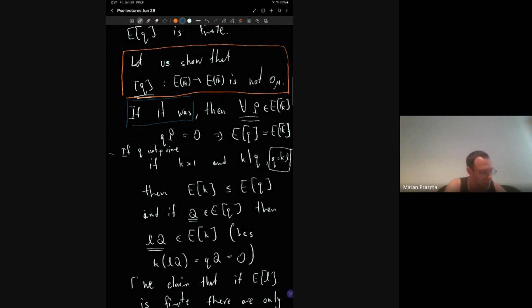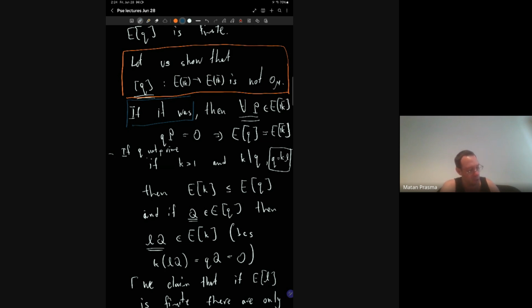If it was, I claim that EQ would be equal to EK bar. Now there are basically two cases: either Q is prime or Q is not prime.